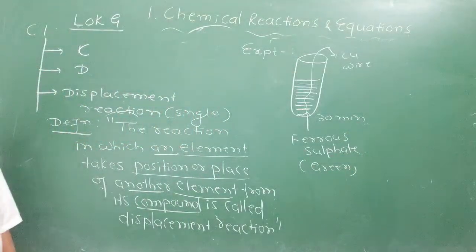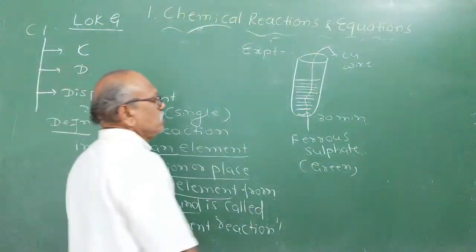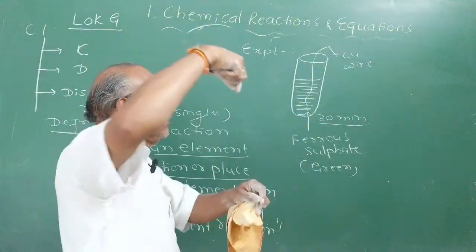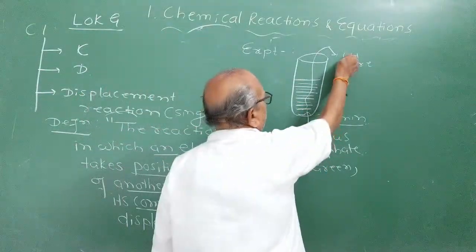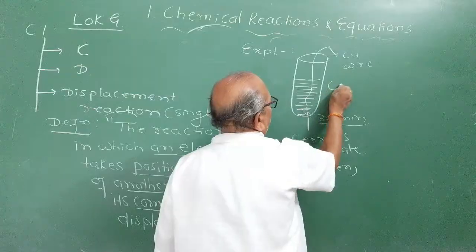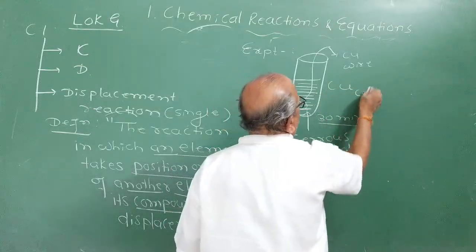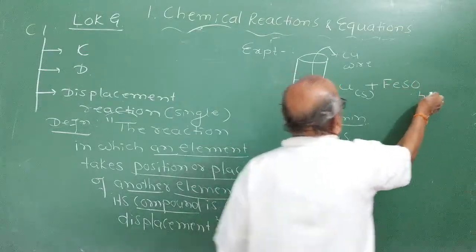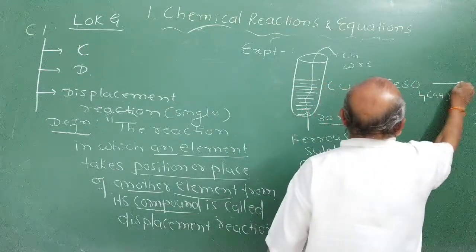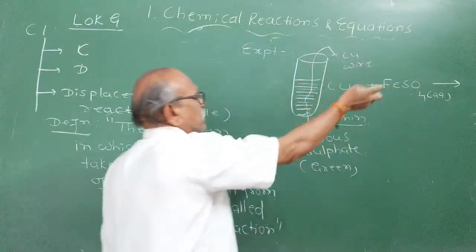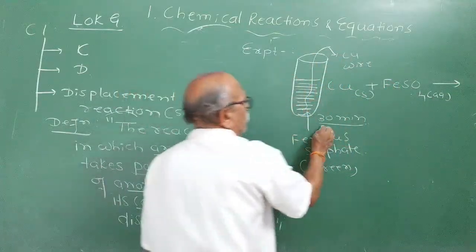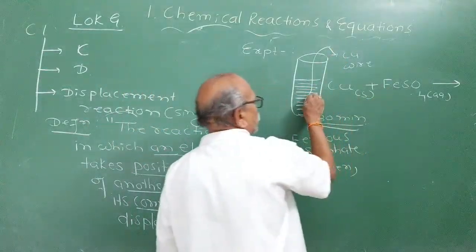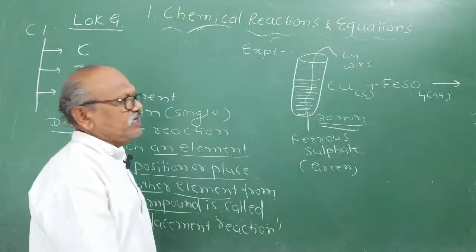What happens? You keep it for 30 minutes and take it away. Observe. What happens? The reactants are copper, symbol Cu, solid, and ferrous sulfate, FeSO4, aqueous. If you take the copper wire away after 30 minutes, do you think iron is deposited on it? Grey colored iron is deposited on it?